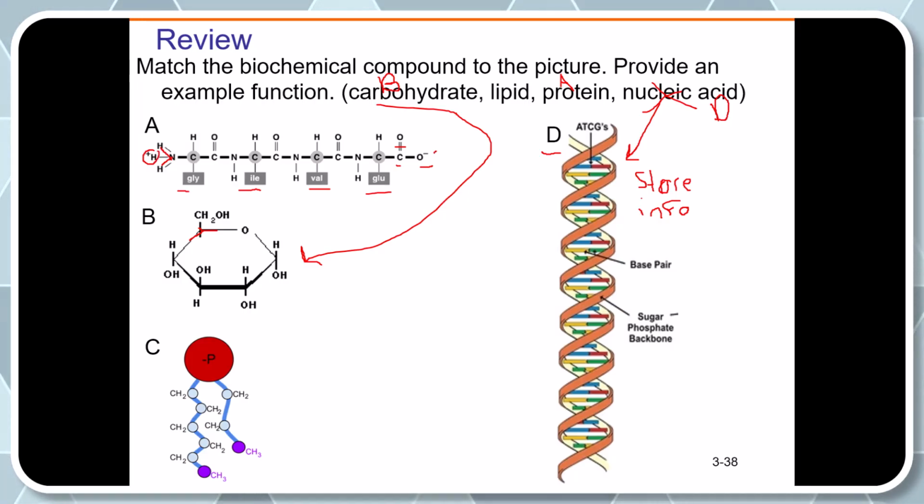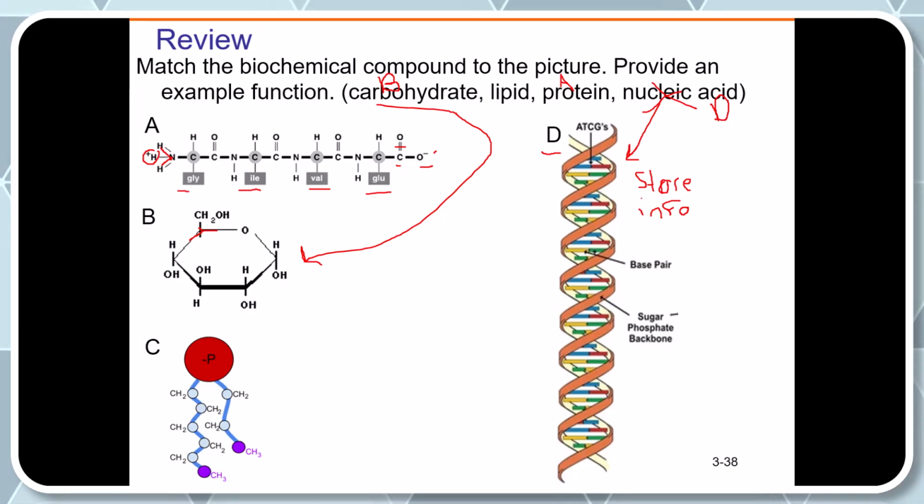But that is our protein, and proteins have all kinds of functions, right? Antibodies are proteins, so there's defensive proteins, there's transport proteins, there's structural proteins. Proteins are important for movement, like they run the flagellum. They are important for contraction in muscles, things like that.